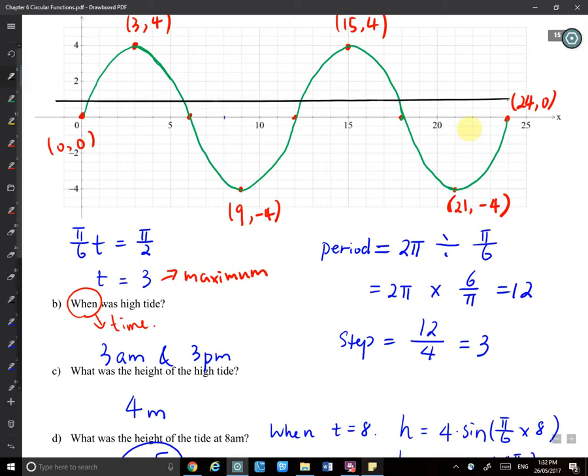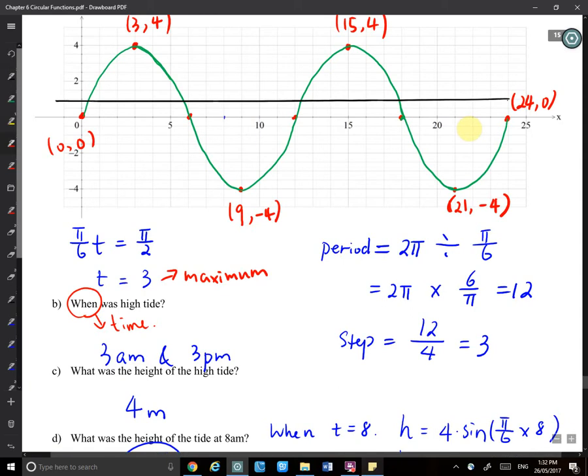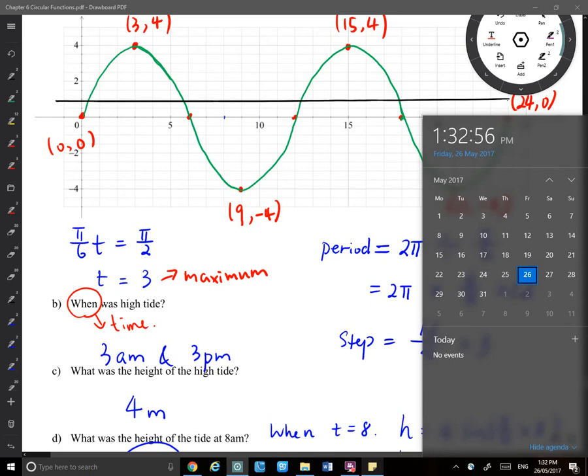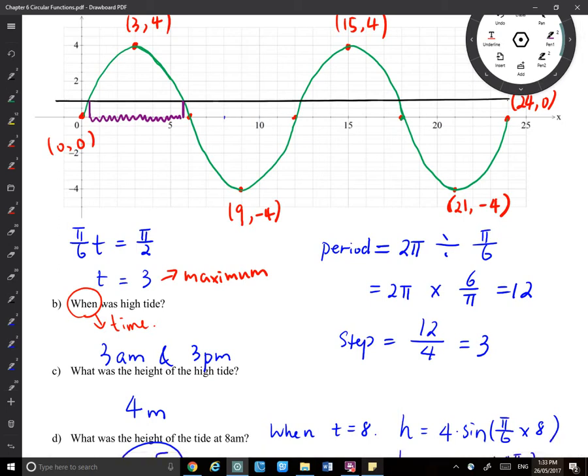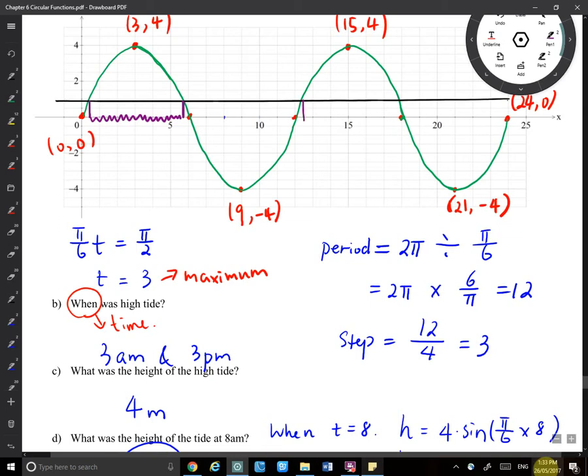So I use this color. If you can find the intersection here, and here, for this much time it is above that 1 meter level, and in between here is above the 1 meter level.